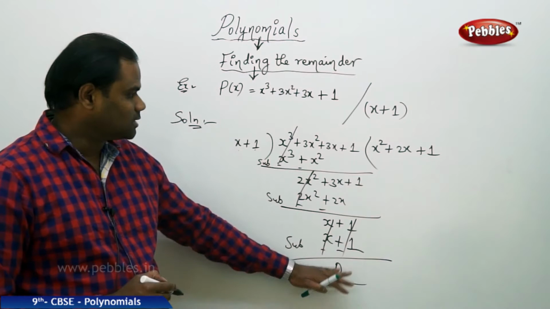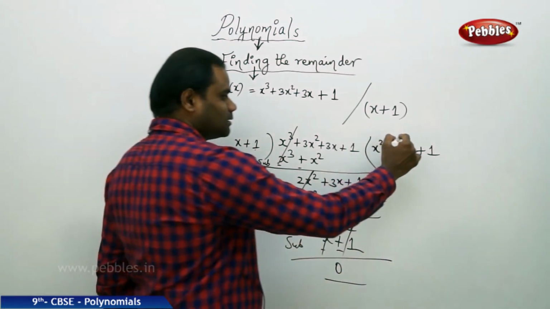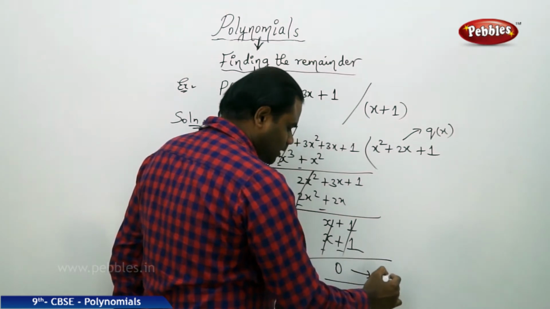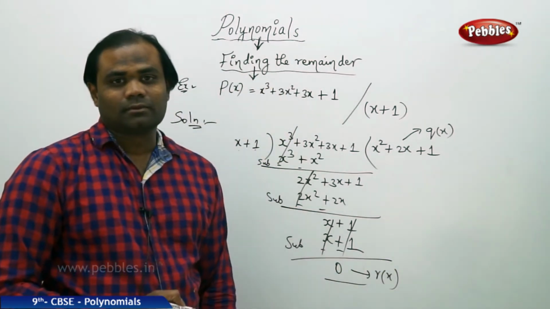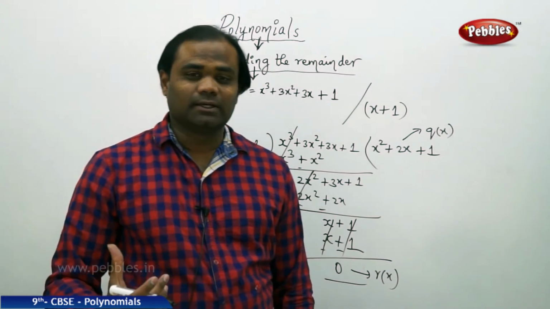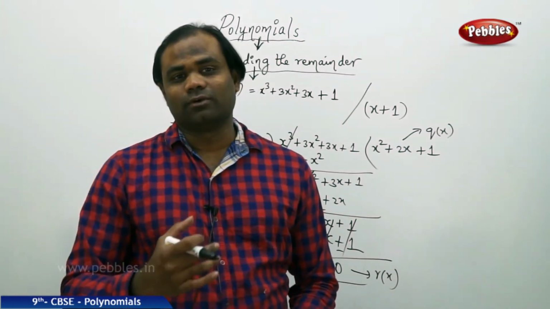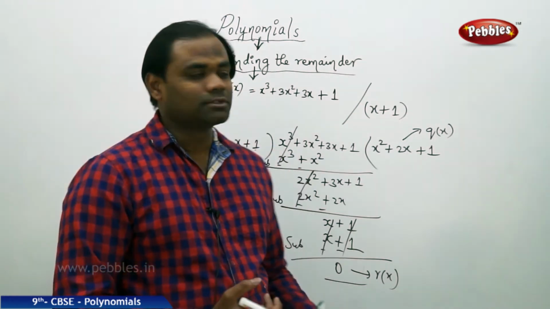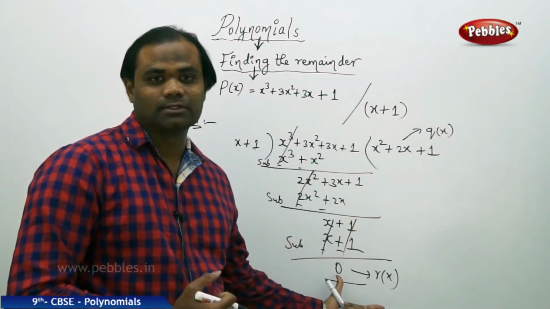So with the end of this, I understand that this is my q of x and this is my r of x. This is how we identify the remainder and the quotient for the given polynomials divided with each other. The long division method is what we call this.